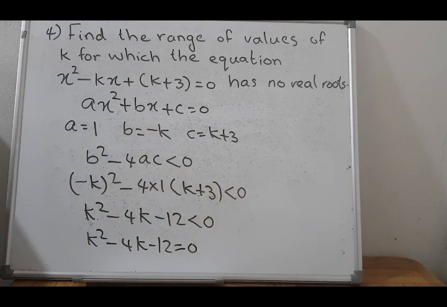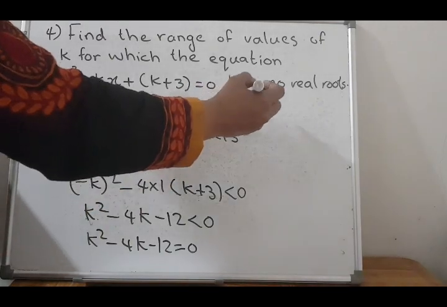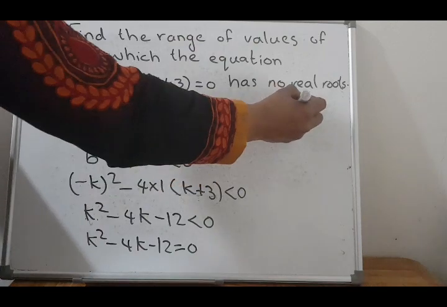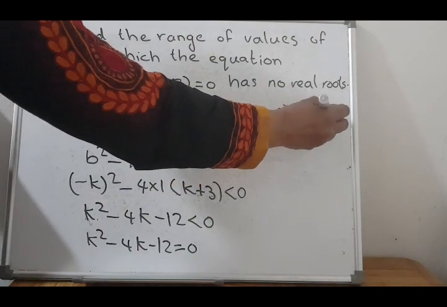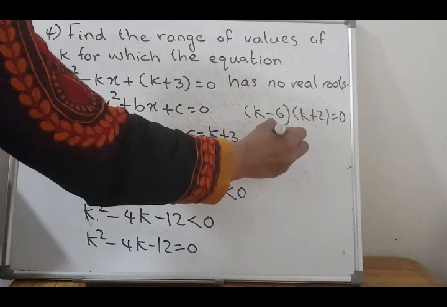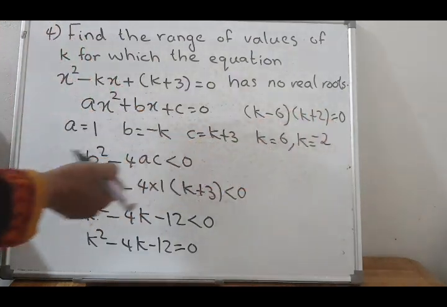This is the corresponding quadratic equation. So we can find the critical values. (k minus 6) times (k plus 2) equal to 0. That gives k is equal to 6 or k is equal to minus 2.